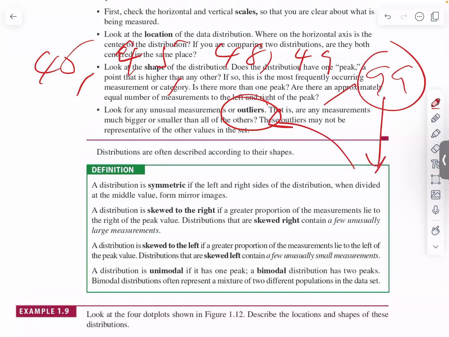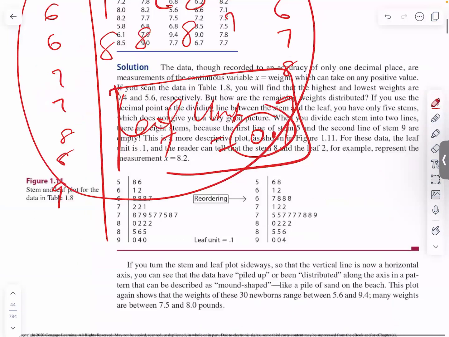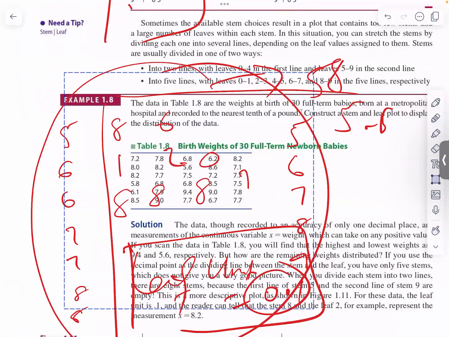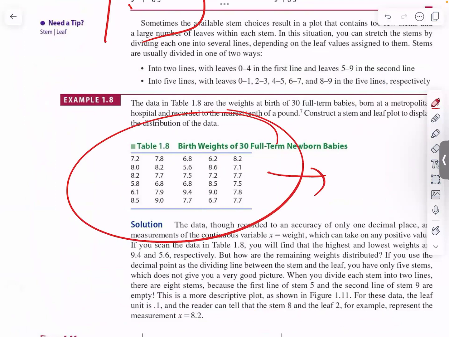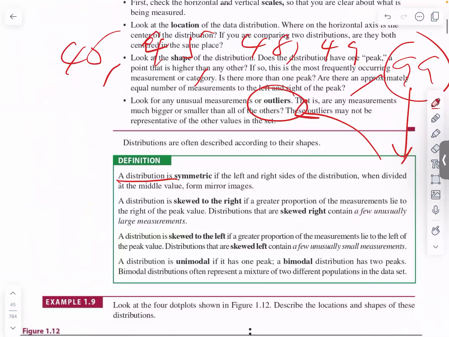So when you describe data, a distribution, now distribution means just a set of numbers. Like this is a distribution now. This is a distribution. This is a distribution. Numbers are distributed. So a distribution may be symmetric if the left and right sides of the distribution are divided at the middle. Now let me tell you the meaning of symmetric distribution.